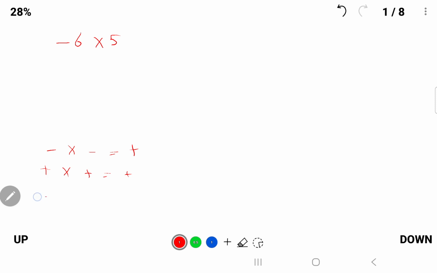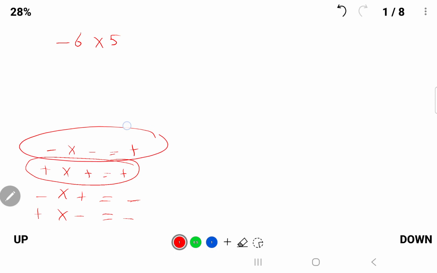And if we multiply negative times positive, or positive times negative, we get a negative answer. So if you have the same signs, we get a positive number, and if we have different signs, we get a negative number. If we have the same signs, we get a positive number.